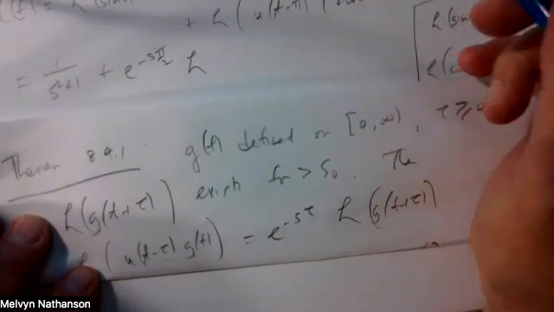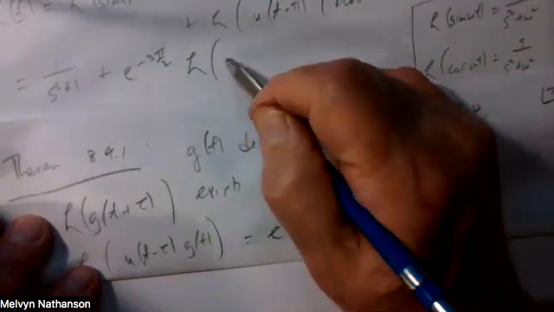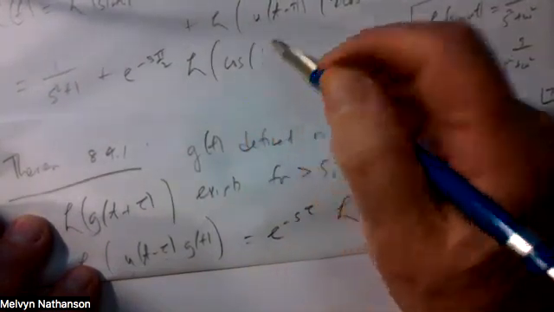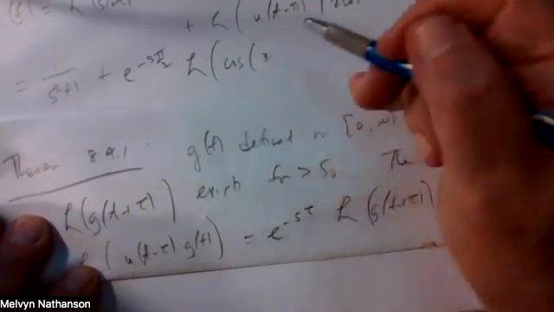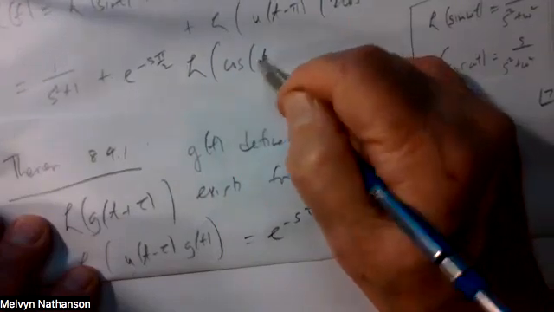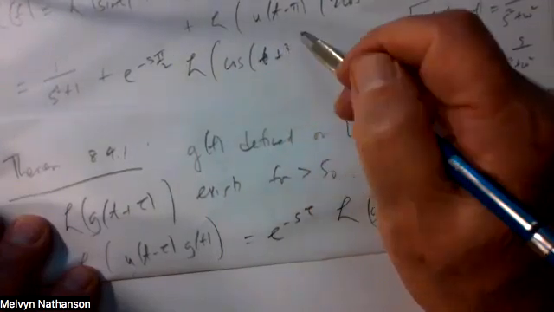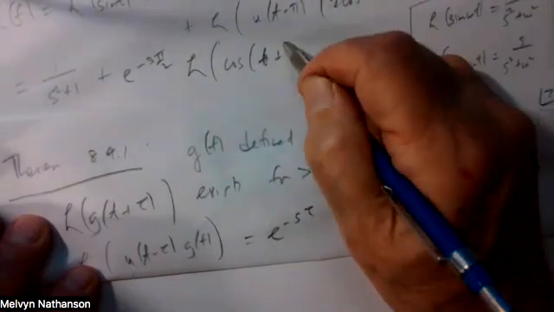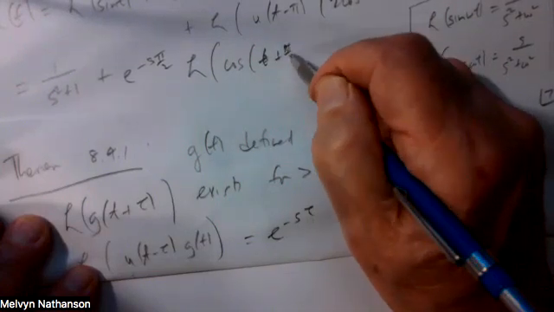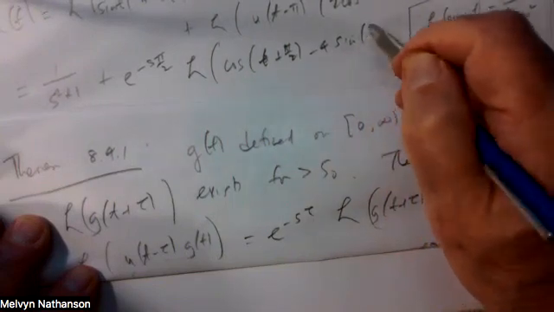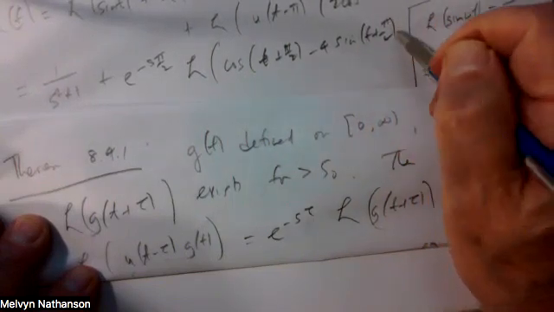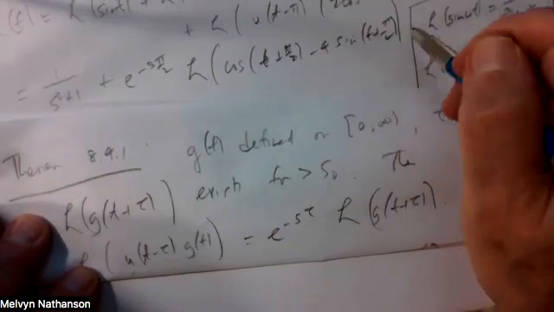So I have the Laplace transform of the cosine of t plus pi over 2 minus 4 times the sine of t plus pi over 2. I need the Laplace transform of that.